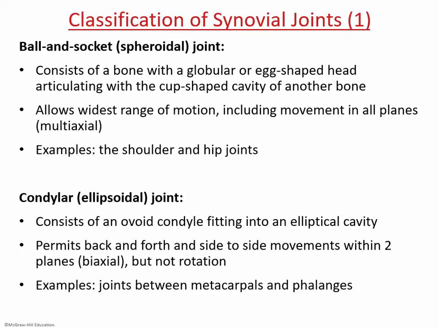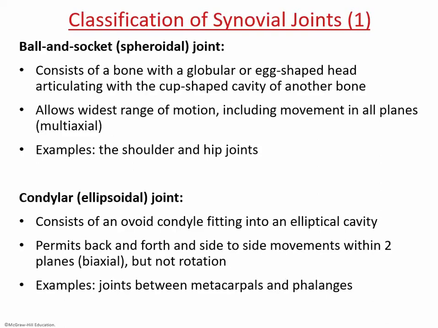Now, a similar joint to the ball and socket is something called a condylar joint. It is very much like a ball and socket, except that the ball is oval. It's more like an egg shape. And the cavity, the socket that it fits into, is the same shape, oval. So this still allows flexion, extension, abduction and adduction, and circumduction. What it doesn't allow is rotation or gliding.